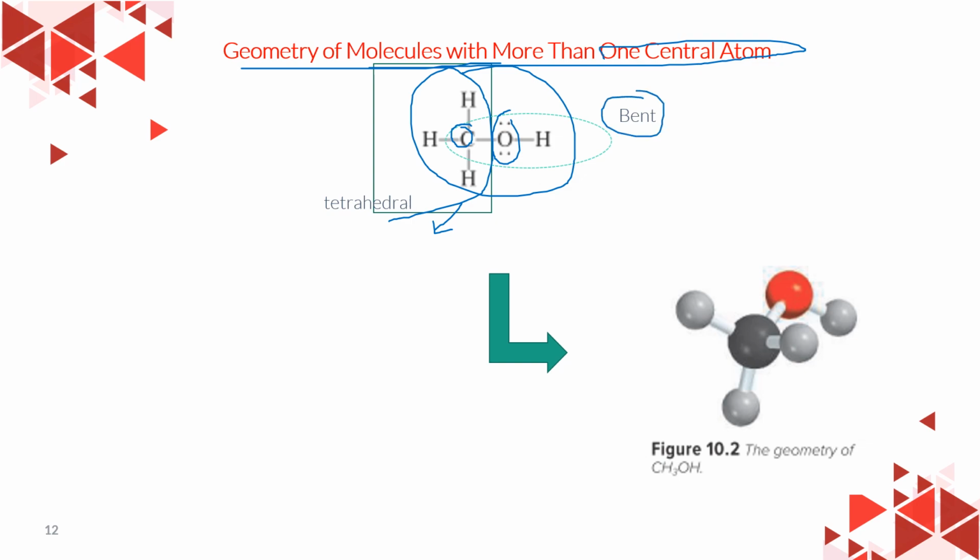So the molecular geometry of the two central atoms will be tetrahedral at the carbon but bent at the oxygen, as the picture shows the molecular geometry of methanol.